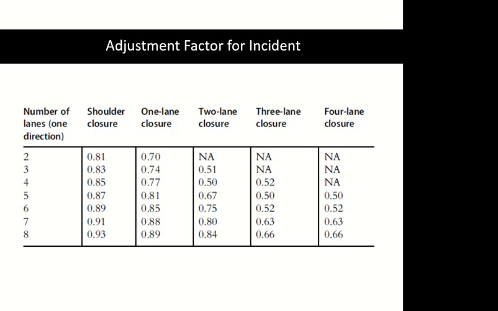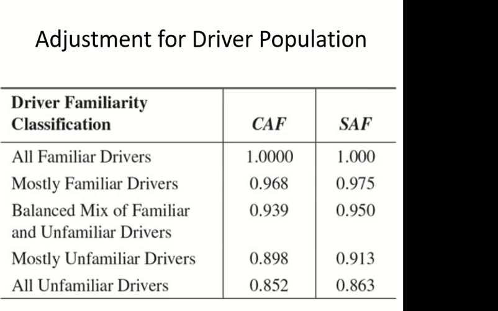Not applicable means either the highway is closed or the value is not possible. Then we have the adjustment factor for driver population, meaning how many drivers are familiar with the road. Again, we have both the capacity adjustment factor and the speed adjustment factor.